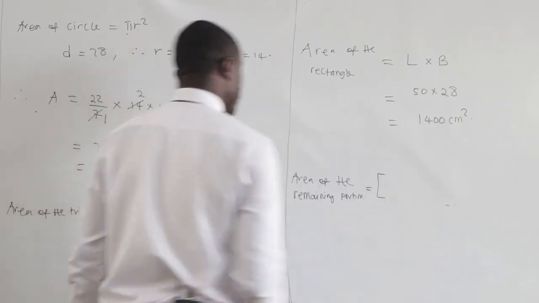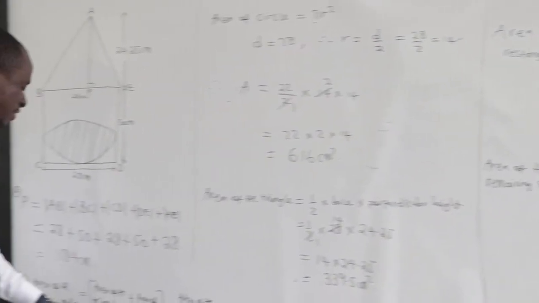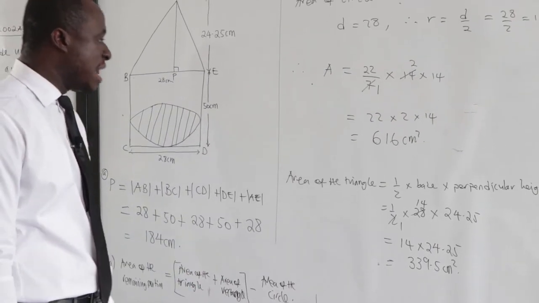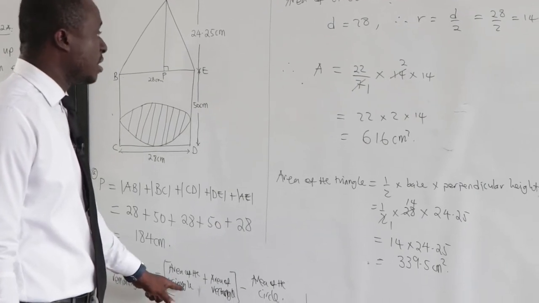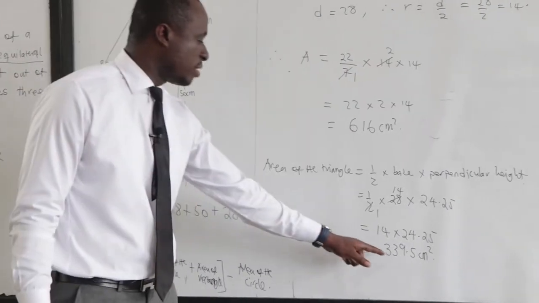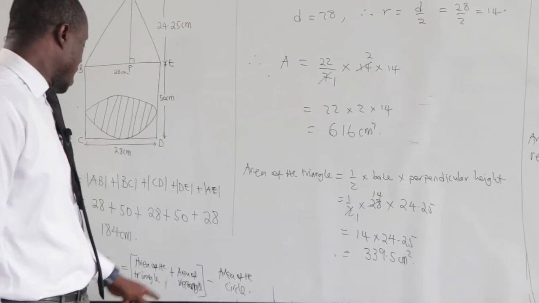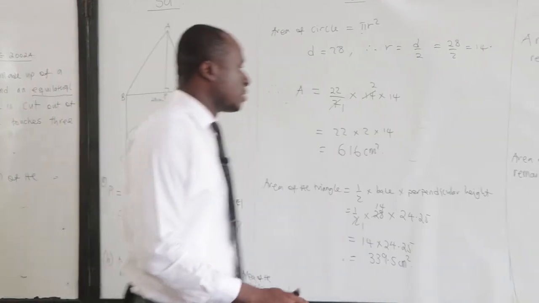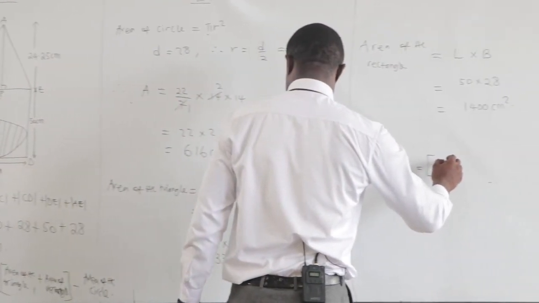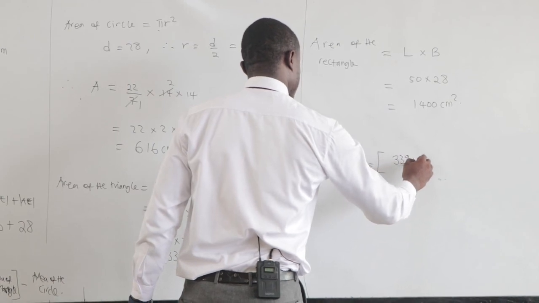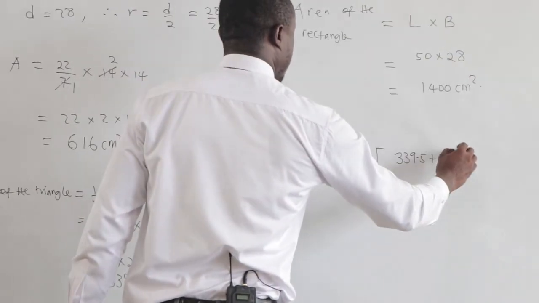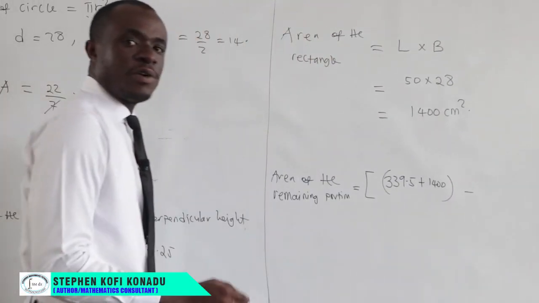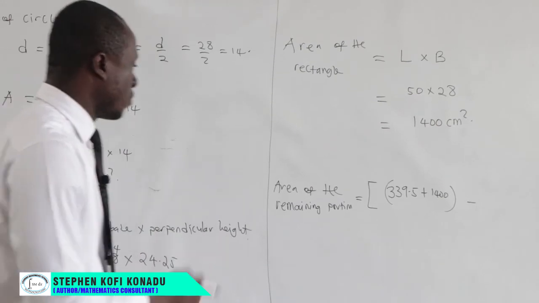Hence, the area of the remaining portion. We said that the area of the remaining portion is the area of the triangle plus the area of the rectangle minus the area of the circle. The area of the triangle, we had as 339.5. The area of the rectangle is 1,400.